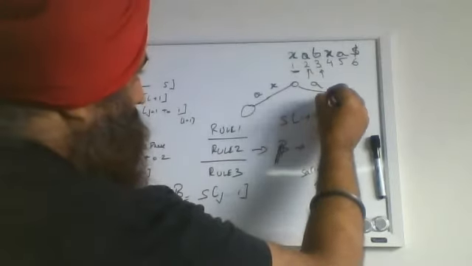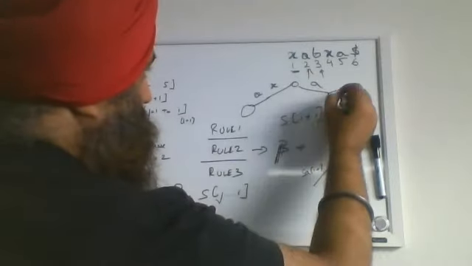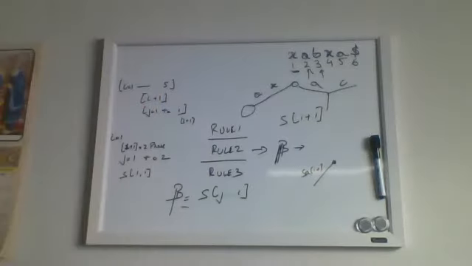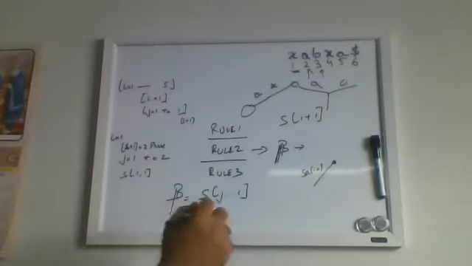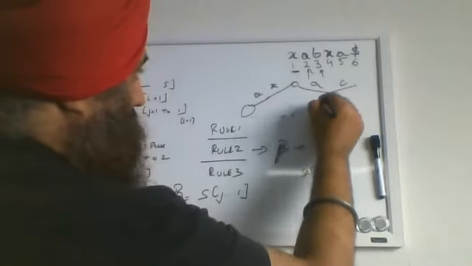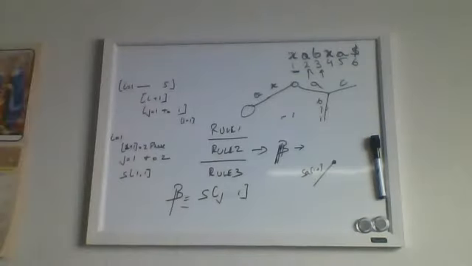Suppose after A we had a node going to C, and we had to add B. So we could have created a new node here and added the character. So this is rule 2 extension.